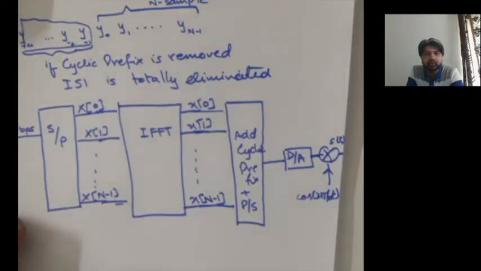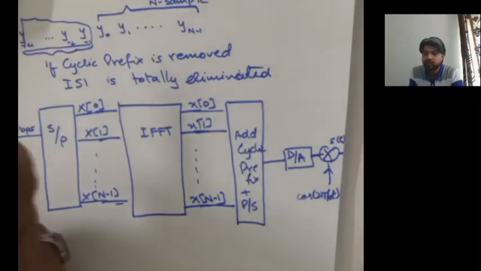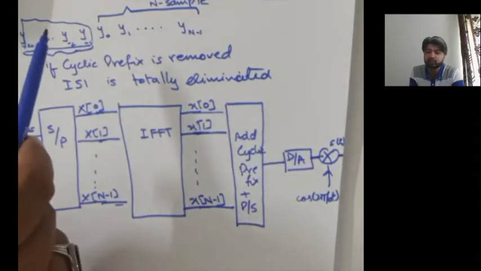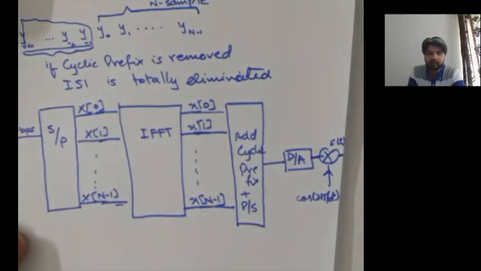It allows you to convert the linear convolution into a circular convolution. It totally eliminates the intersymbol interference, but it has a disadvantage as well. The disadvantage is that you are losing some resources. These mu samples could have been used to transmit some new information. Rather, these are used to eliminate the intersymbol interference. So that is the cost.